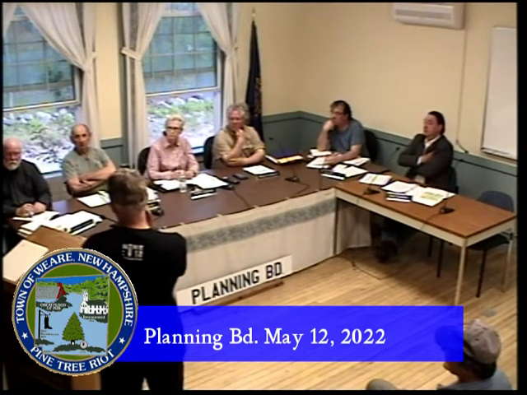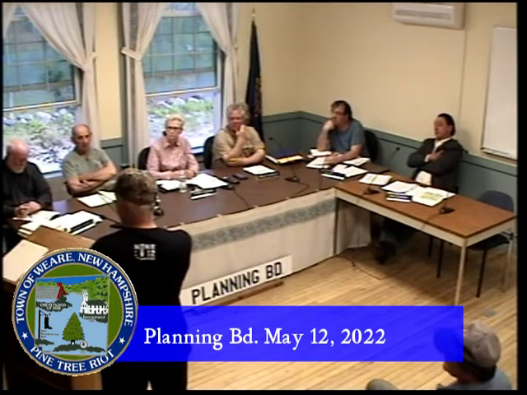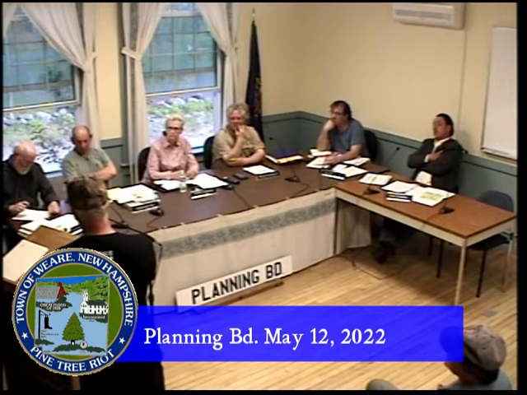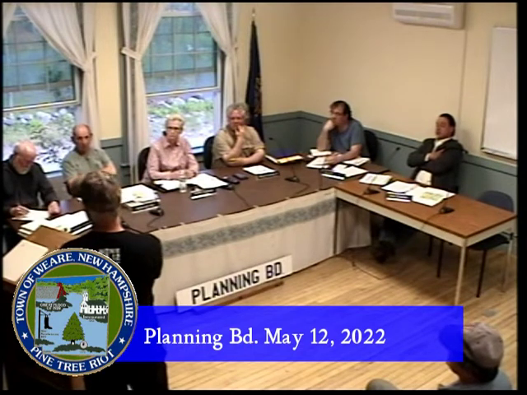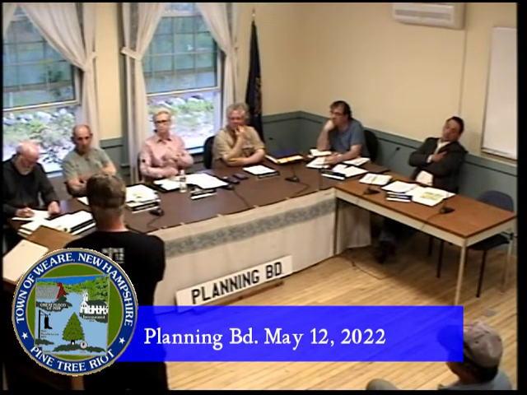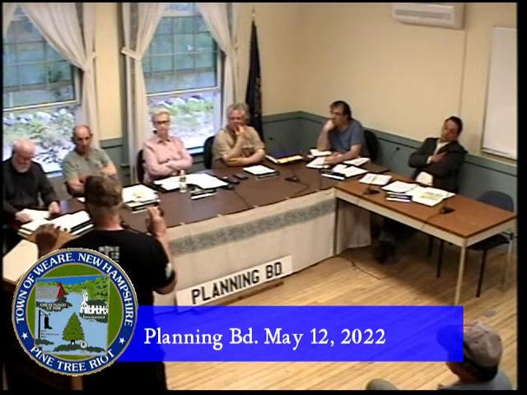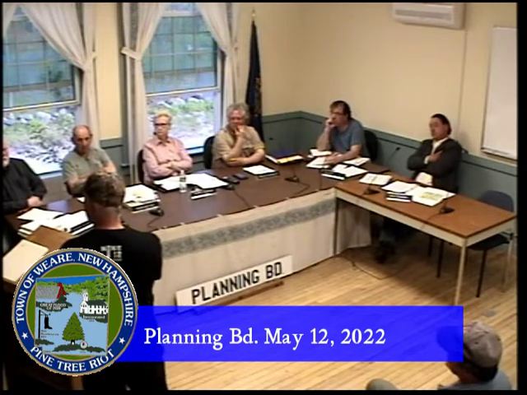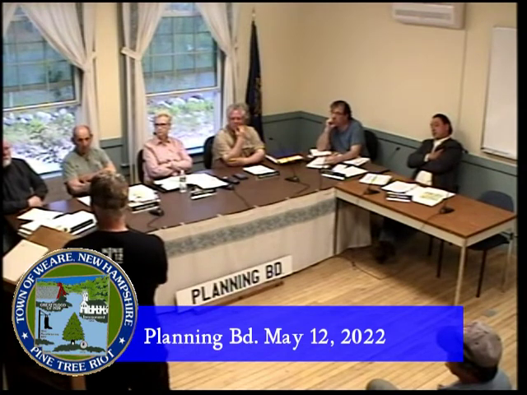I guess my thing is, if you're going to come through now and take down 20 trees, let's say, and there's 200 that in the next three or four years are going to fail, why wouldn't you just take them down now?